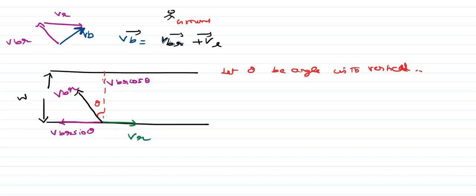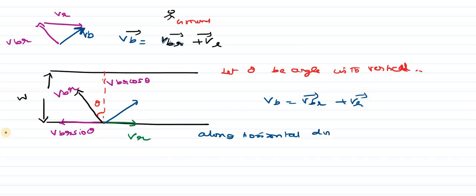So now I have two components. We know that VB is VBR plus VR. If I solve this, I will get VB. Along the horizontal direction, the net velocity is due to both the velocity of boat with respect to river and the velocity of river.